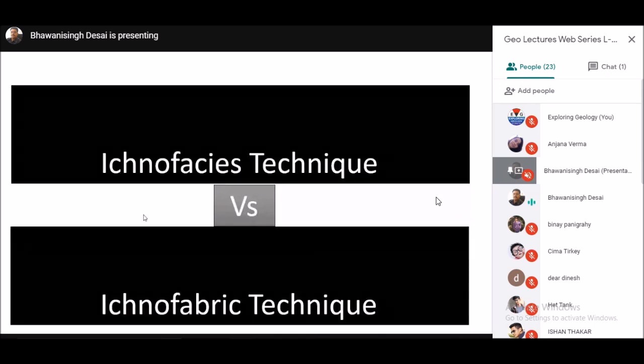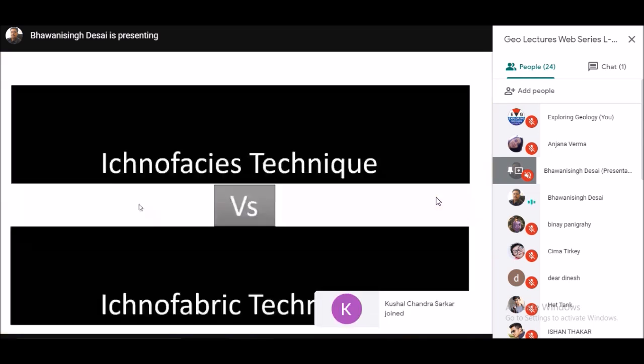But if I'm working in a very small area on a very specific sub-environment, and I want to know how the hydrodynamics has changed, whether there was any salinity variation at that time or oxygenation deficiency, whether it was cyclic or non-cyclic, this can be understood by ichnofabric. Now, first I will talk about ichnofacies and then I will go to ichnofabric.